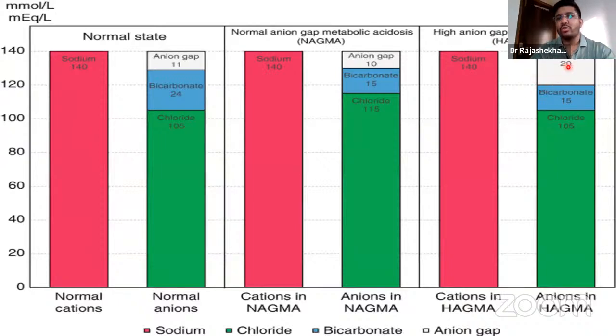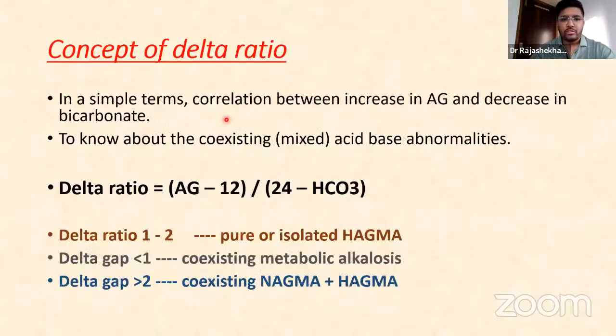Whereas if the ratio is more than 2 or less than 1, then you should suspect a coexisting disorder. In simple terms, the delta ratio is nothing but a relation between the increase in anion gap and the decrease in bicarbonate. It is used to identify coexisting acid-base abnormalities in a high anion gap metabolic acidosis.